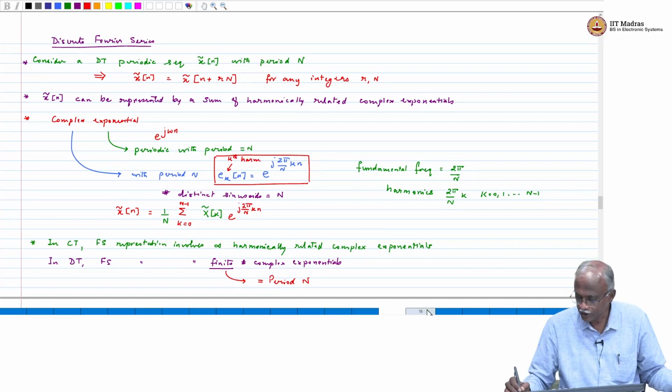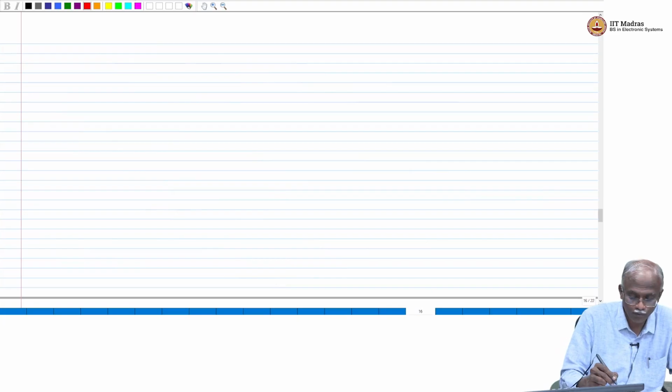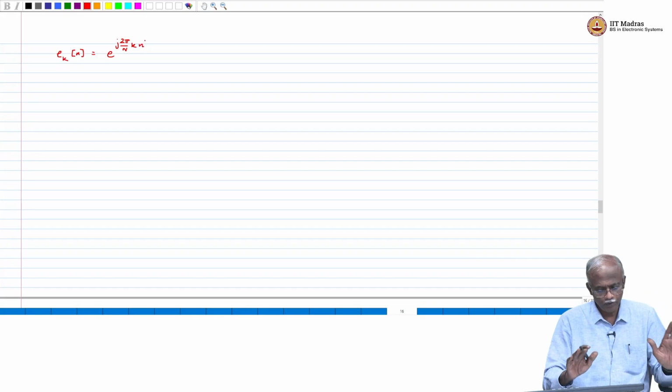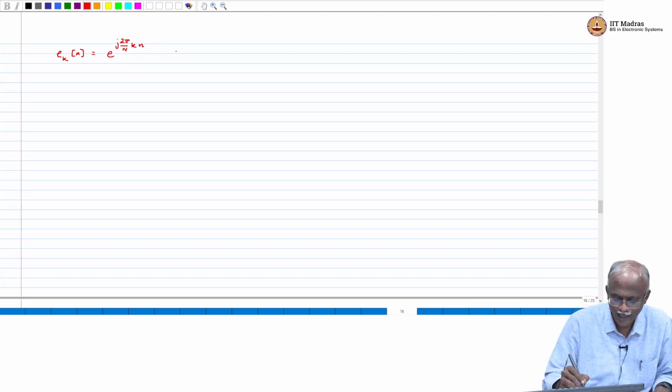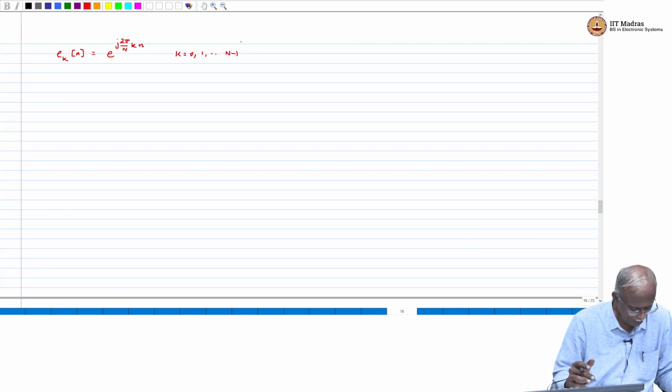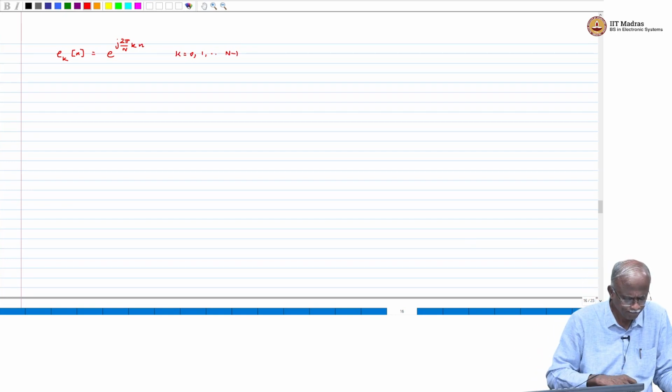So let us look at it a little bit more carefully. We have this notation e subscript k of n, which stands for e power j 2 pi by N k n. I hope there is no confusion here. And k can be 0, 1, all the way through N minus 1. So there are N distinct complex exponentials.